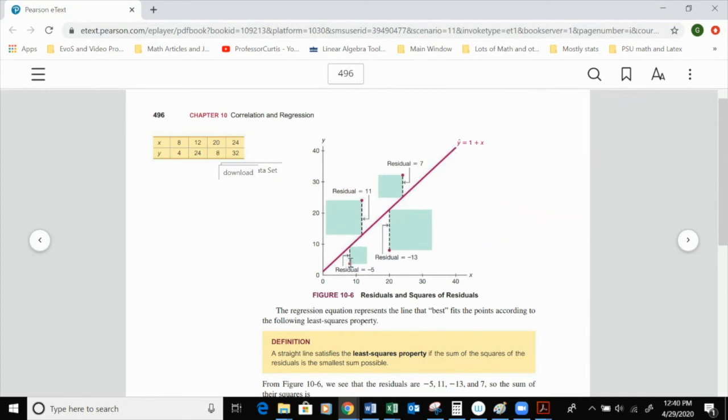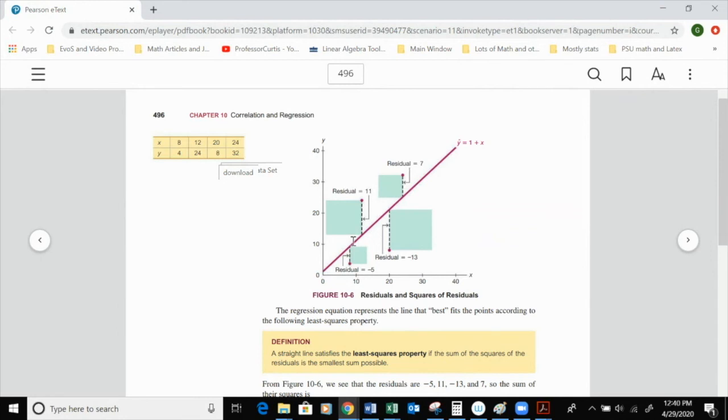So here's a point right here. This point is 9, 2. And this point, well, here it is, it's 8, 4. I was close. This point is 8, 4. And this point is 12, 24. And this point over here is 28. And this point over here is 24, 32. So these are the different points.